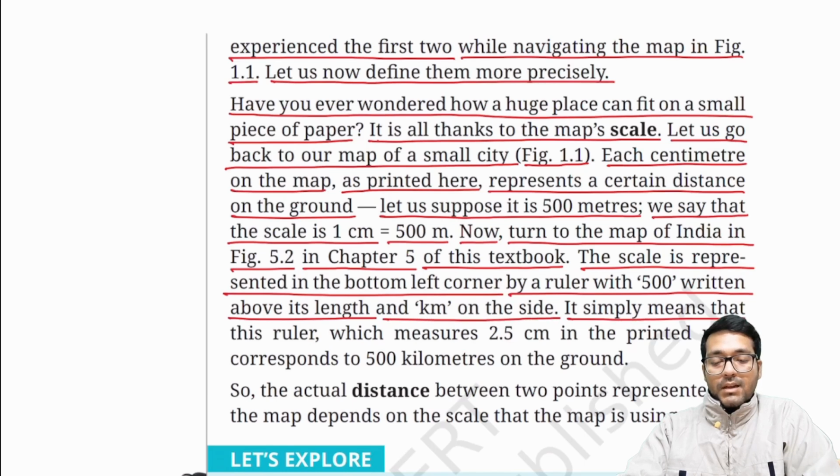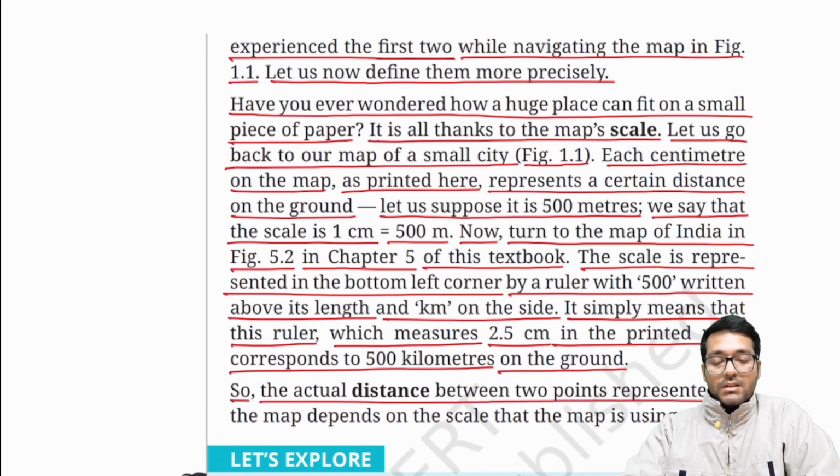It simply means that this ruler, which measures 2.5 centimeter in the printed map, corresponds to 500 kilometers on the ground. So, the actual distance between the 2 points represented on the map depends on the scale that the map is using. Let's see figure 5.2.